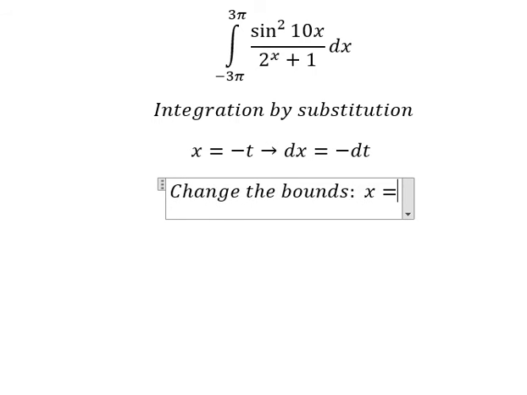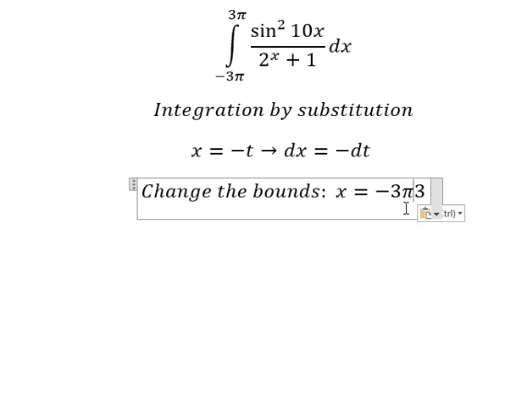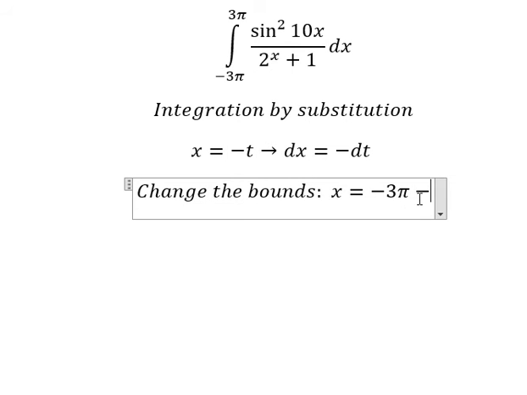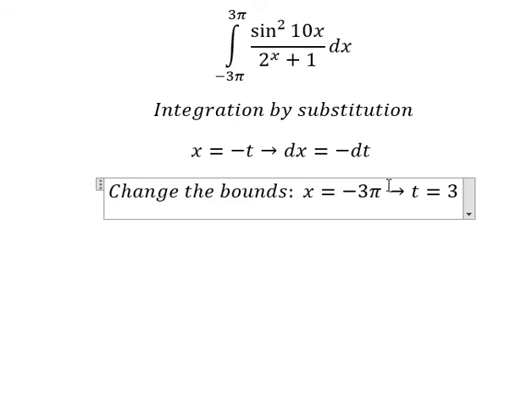When s equals negative 3b, from here I will put negative 3b going here to find the value of t, and t equals 3b.